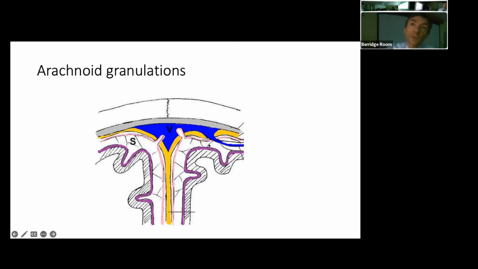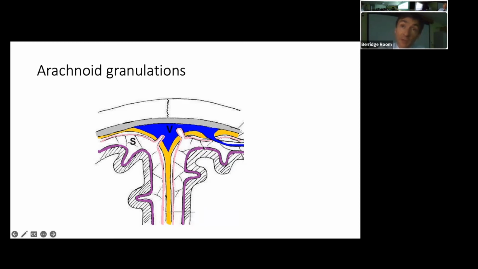This is taken from the medical students' dissection manual, as a cartoon showing the layers of the meninges. The purple line here is the pia mater, which follows the surface of the brain and sends into the convolutions of the cortex. The pink line is the arachnoid mater, and the arachnoid is said to be like a spider web.